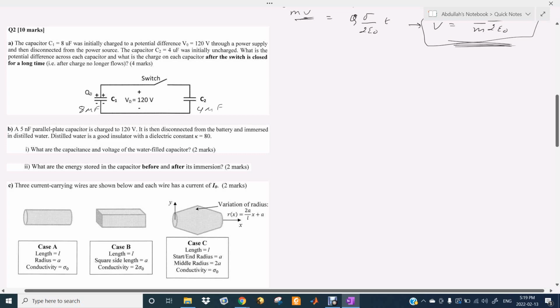Now once you connect the switch, C1 and C2 will be connected, so we will end up having a circuit something like this.